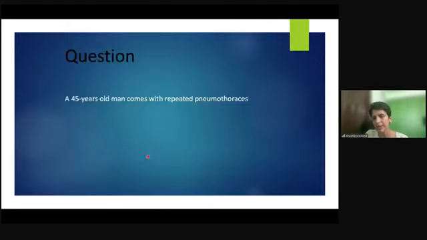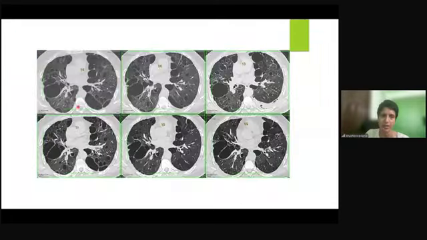Now the question is, what if it's a 45-year-old man, non-smoker, who comes to you with repeated pneumothoraces and you see such lungs? Since it's a non-smoker, Langerhans cell histiocytosis is out of the question. Again, in a man, the diagnosis of LAM cannot be made unless the man is known to have tuberous sclerosis.